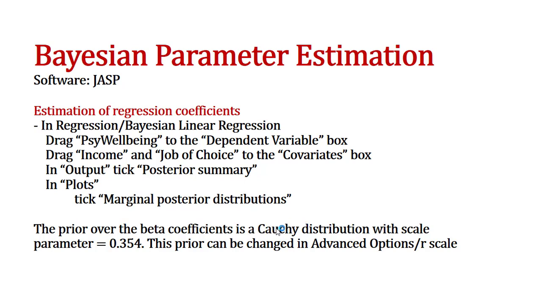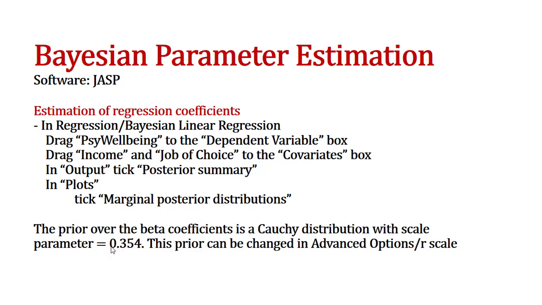Remember that the Cauchy distribution is similar to the normal distribution, with scale parameter 0.354, and that parameter determines how spread the distribution is around 0.